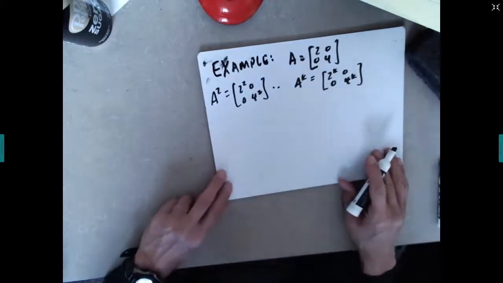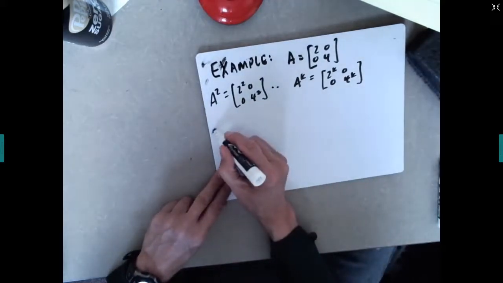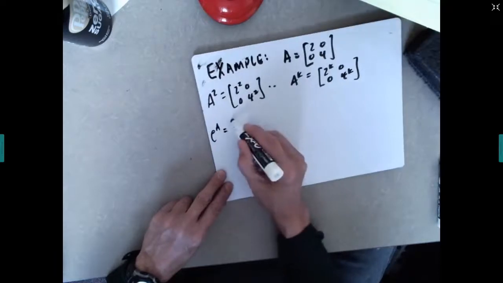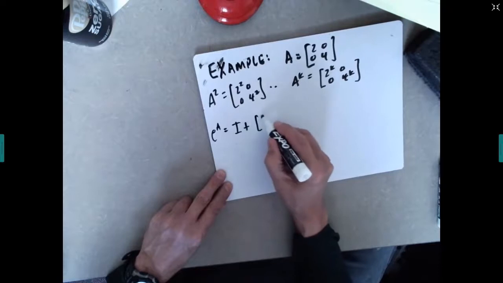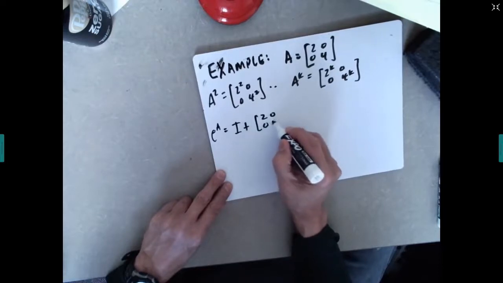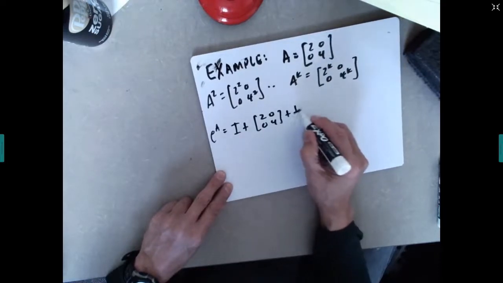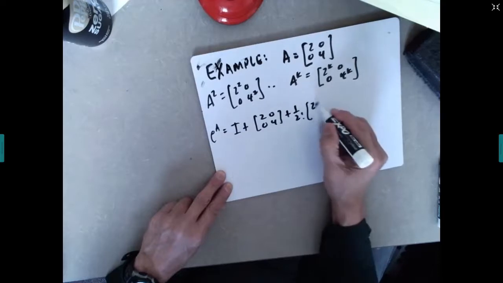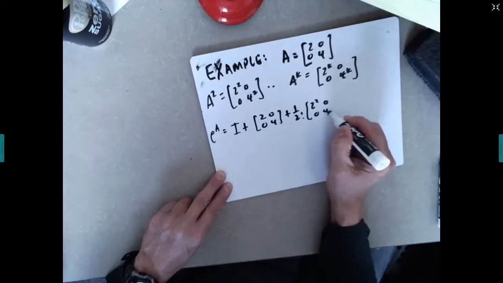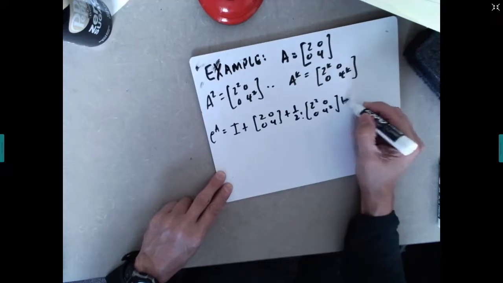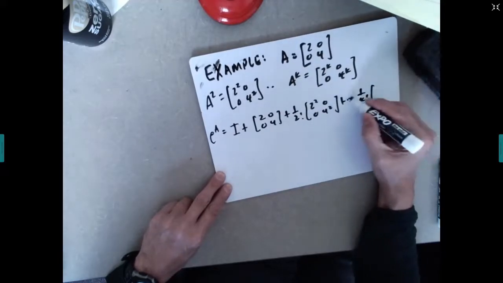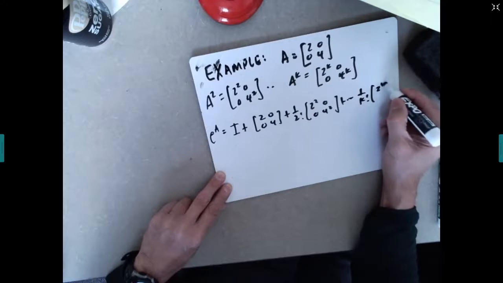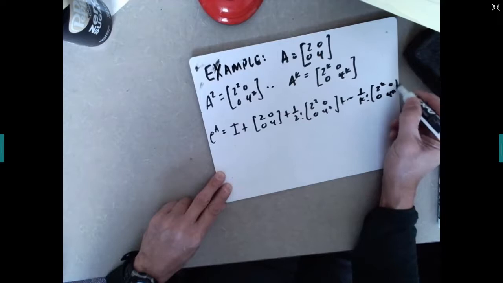So now, we want to take e to the A. That's just going to be I plus the matrix 2, 0, 0, 4, plus 2 squared, 0, 0, 4 squared, and so on, with ellipses, 2 to the k, 0, 0, 4 to the k, and so on.